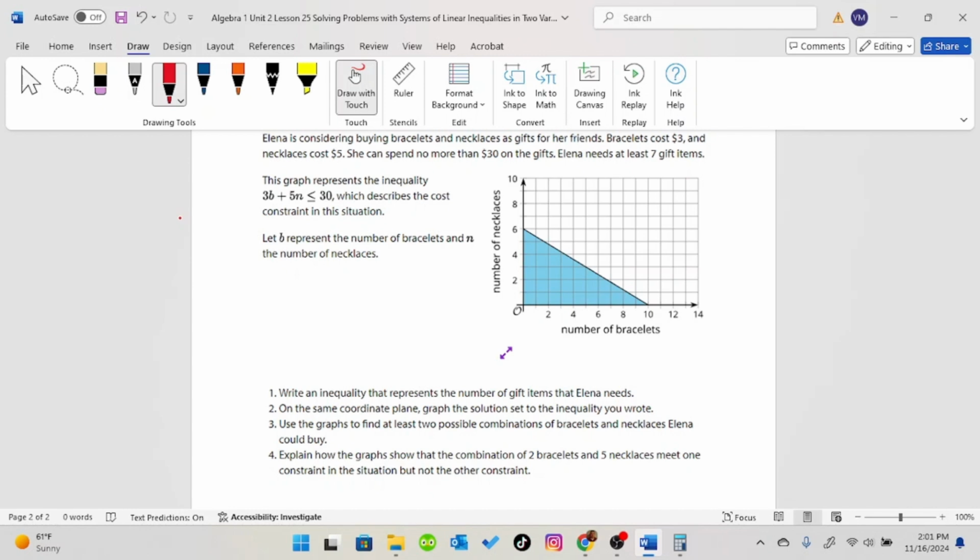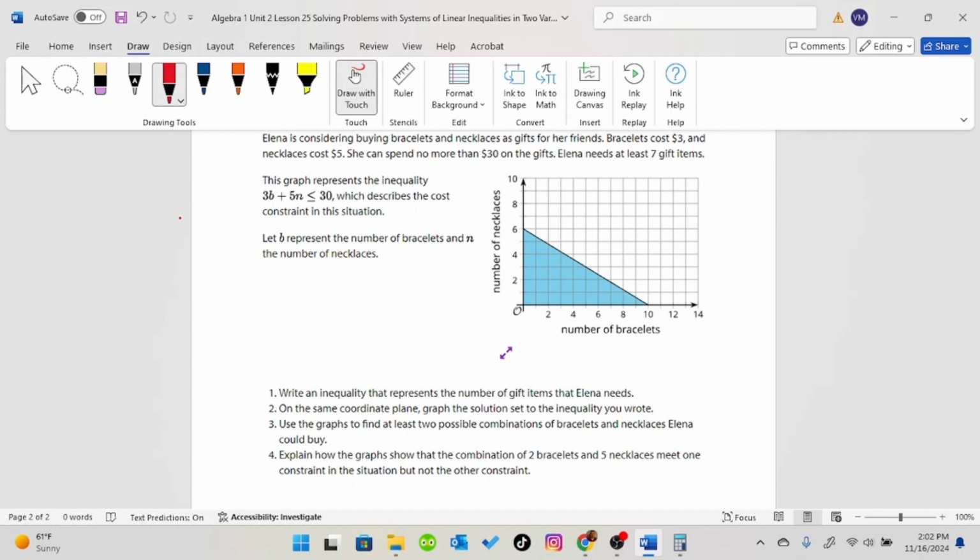This graph represents the inequality 3b plus 5n is less than or equal to 30, which describes the cost constraint in this situation. Let b represent the number of bracelets and n the number of necklaces.